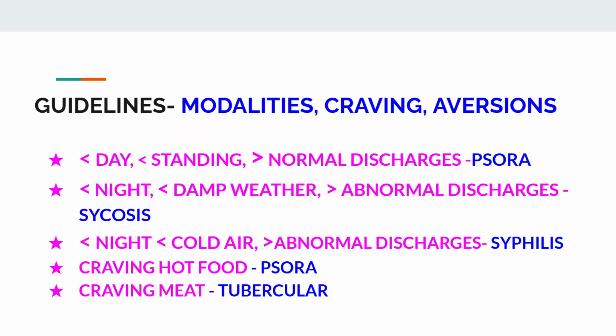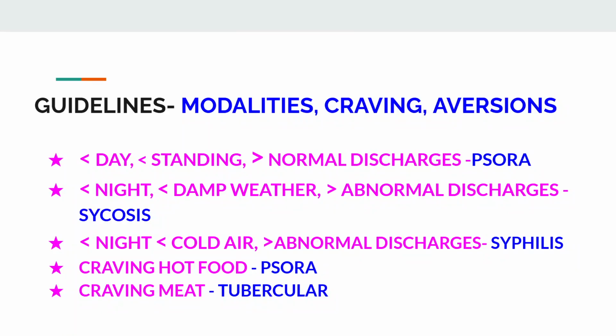Aggravation at night, aggravation by cold air, and better by abnormal discharges indicates syphilitic miasm. So ulcerations come under syphilitic miasm, and a discharge will ameliorate the patient. So have a line of differentiation with the types of discharge and the pathology.